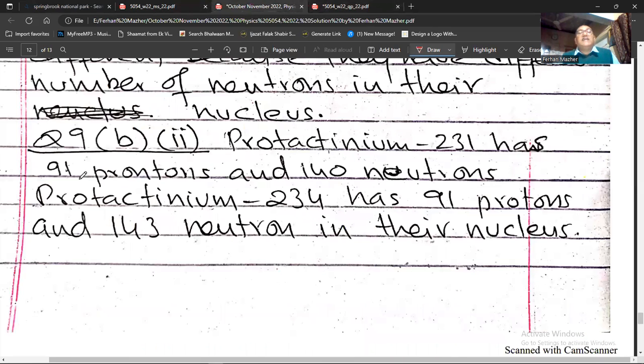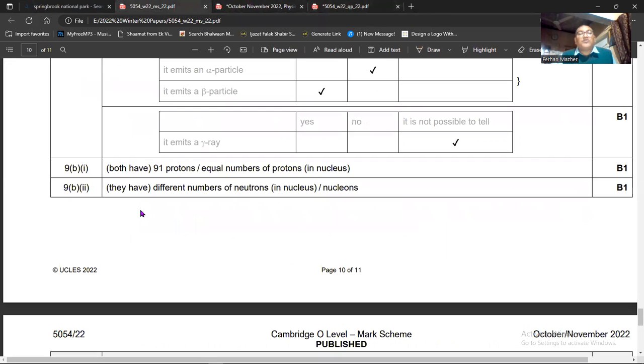Protactinium 231 has 91 protons and 140 neutrons, and protactinium 234 has 91 protons and 143 neutrons in their nucleus. That's why they are isotopes of each other. Okay, so that's the marking scheme.